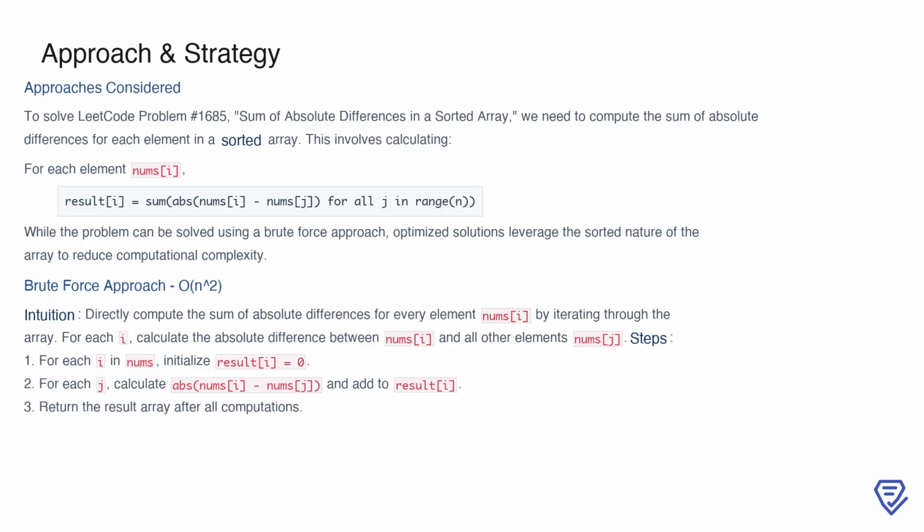Specifically, for each index i, we calculate the absolute difference between nums[i] and all other elements nums[j], then sum these differences. This involves initializing the result for each element, iterating through the array, and performing the summation. While simple to implement, the nested iterations make this approach inefficient for large inputs.